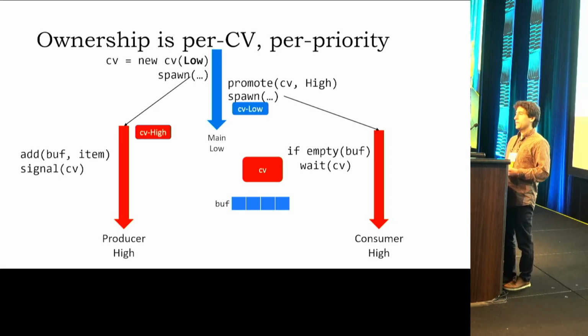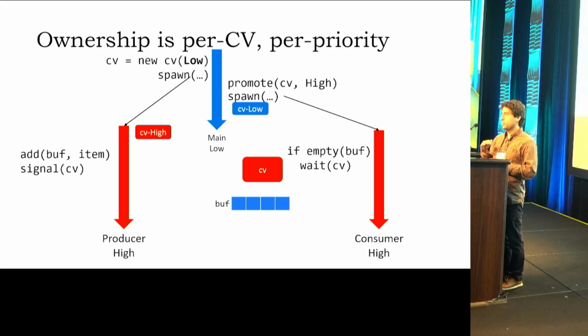Because I've said that the condition variable has ownership only at priority levels higher than its own priority level. So then when we promote this thread to high, its ownership at priority low should just no longer exist.